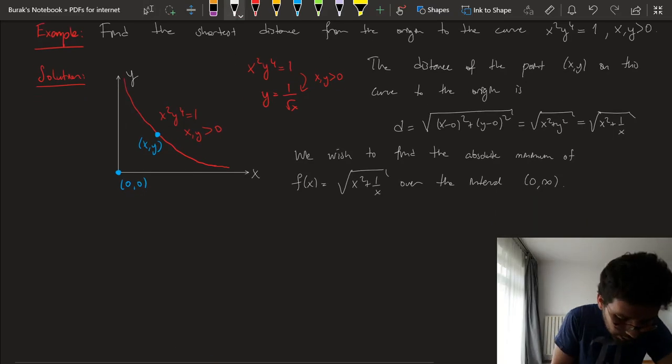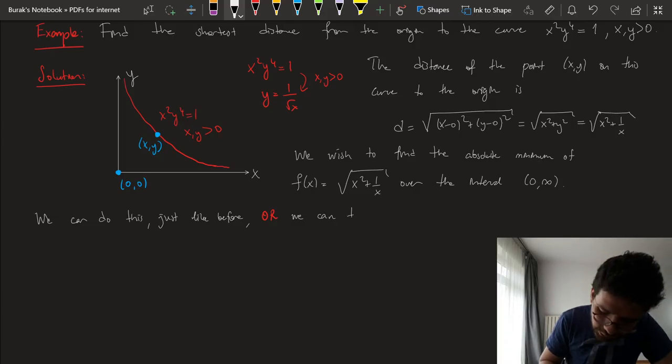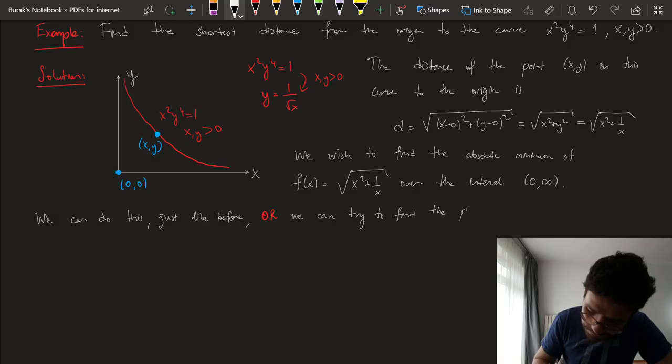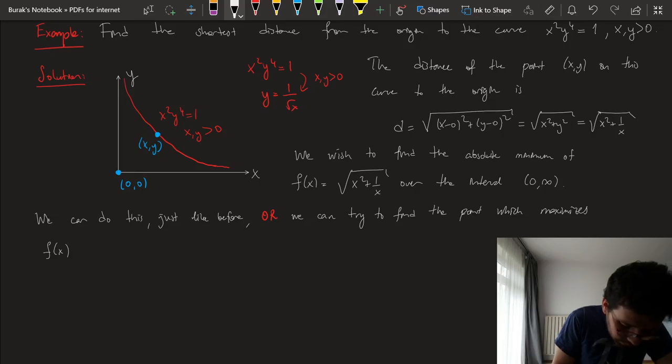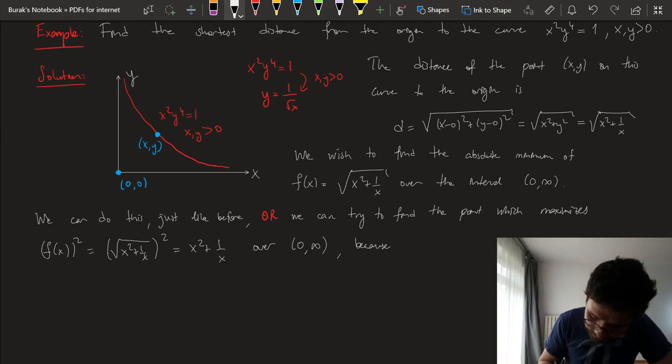We can do this just like before, or we can try to find the point which minimizes the square of this function, which is x squared plus 1 over x, over 0 to infinity, because f of x is positive on this interval.